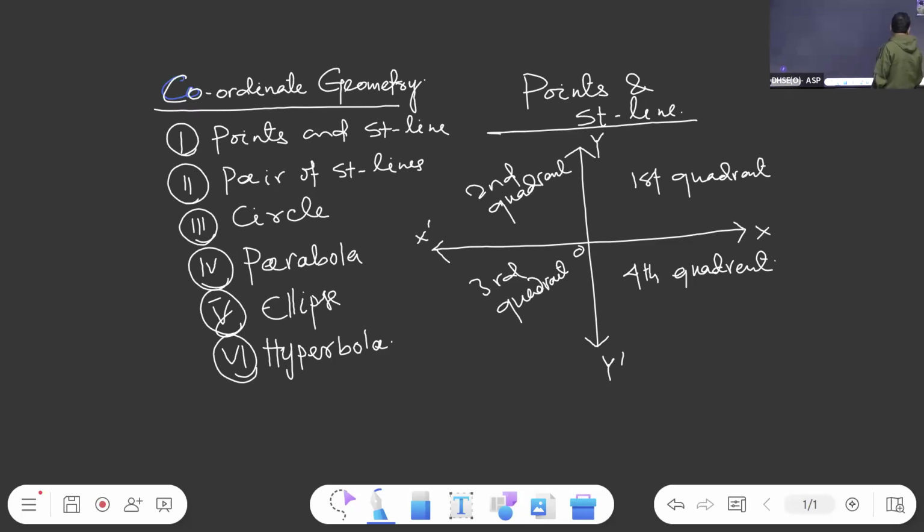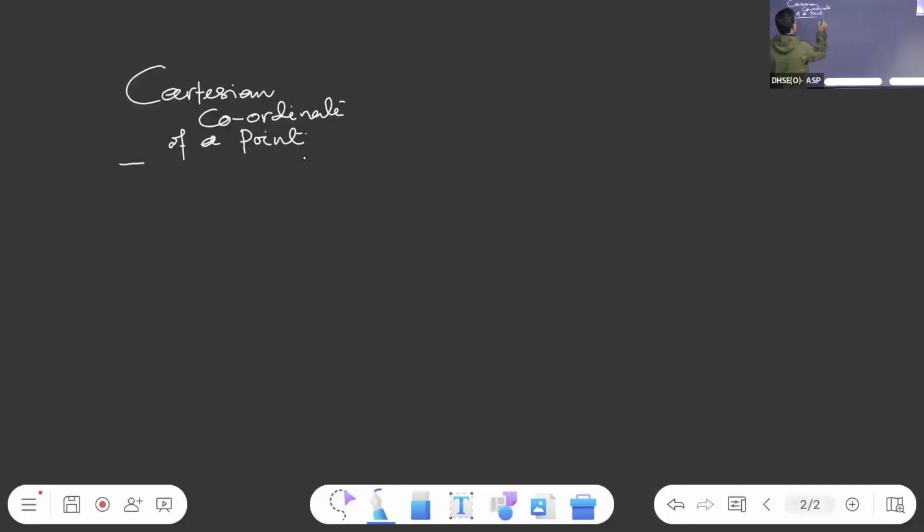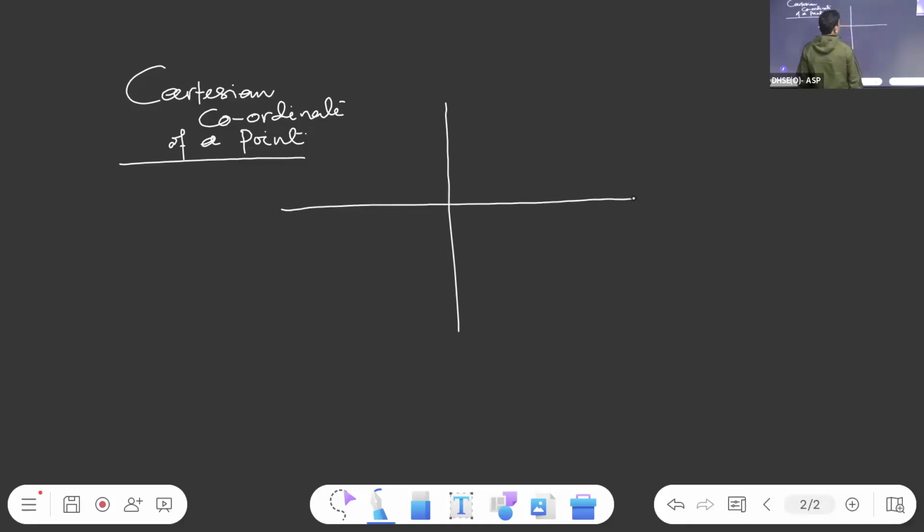Then come to Cartesian coordinate of a point. Let P be a point in the two-dimensional plane.